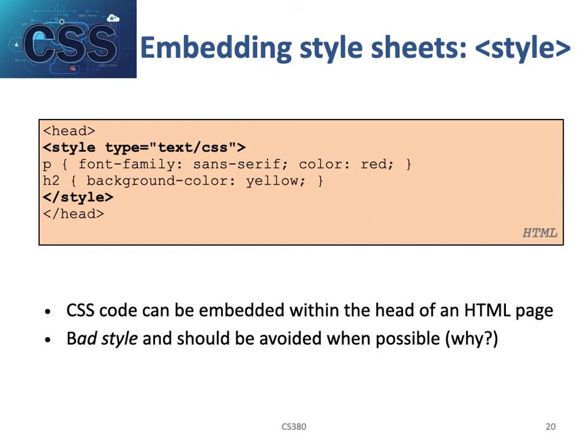Embedding style sheets by using style. Here in the head section, in the scriptlet, you need to look at the scriptlet. In the head section, style element is specified and the type is equal to text slash CSS. P and H2 tags are customized by using some of the properties of paragraph and H2 tags.